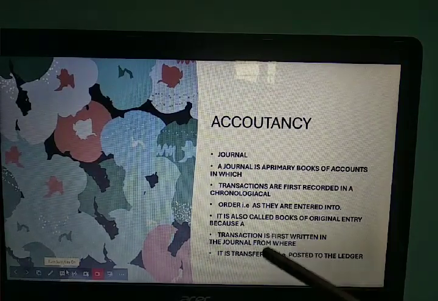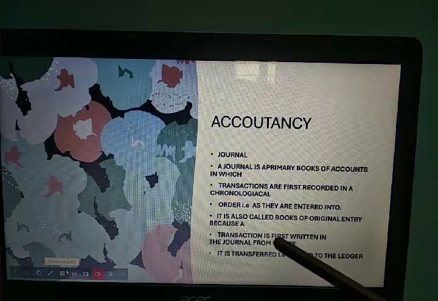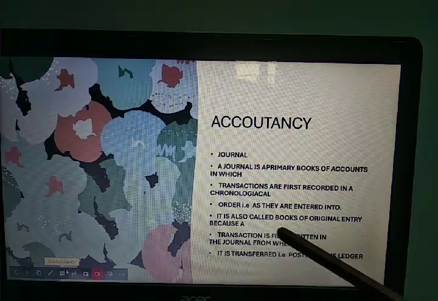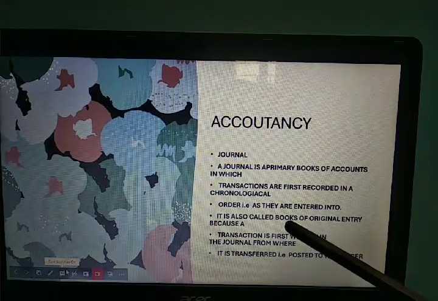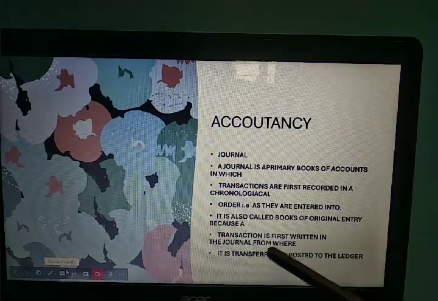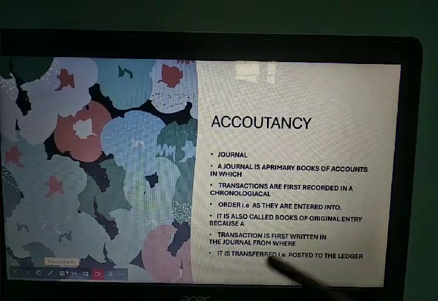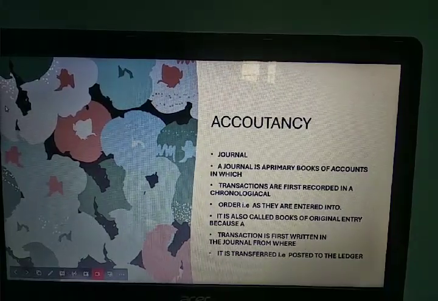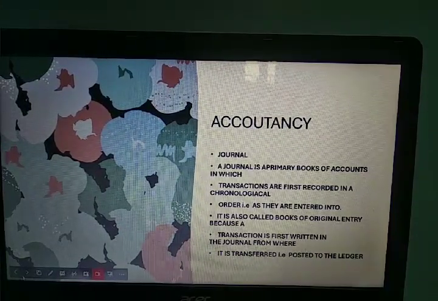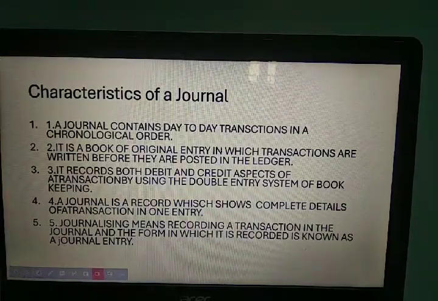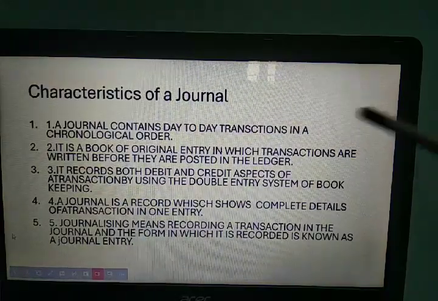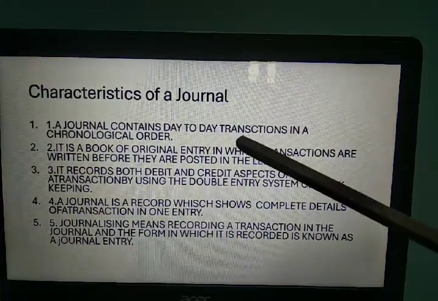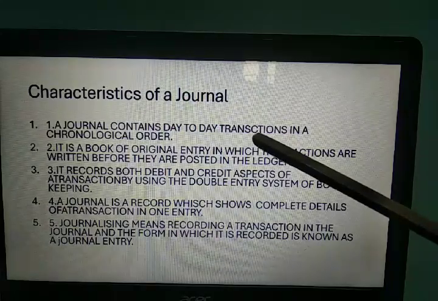It is also called a book of original entry because a transaction is first written in the journal, from where it is transferred into the ledger. That's why it is called the book of original entry. Now we will discuss the characteristics of the journal.